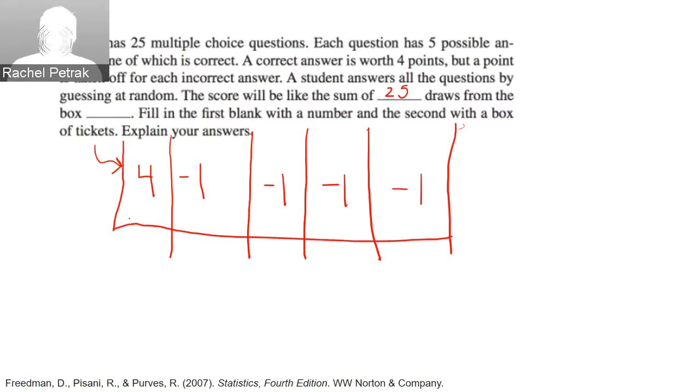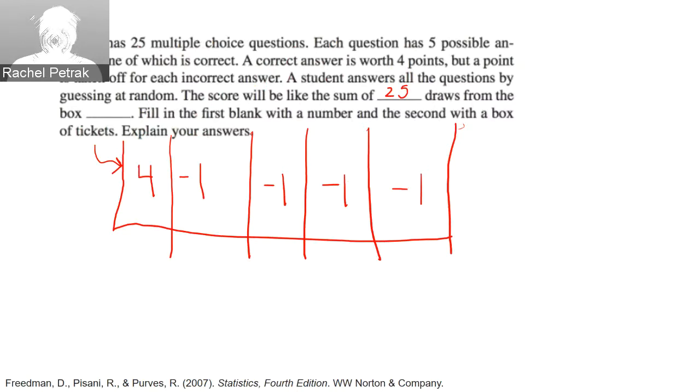And you can see how the tickets in the box represent the possible outcomes. Our possible outcomes are to either get 4 points or to get -1, and there's 4 opportunities to get -1. Does that make sense?